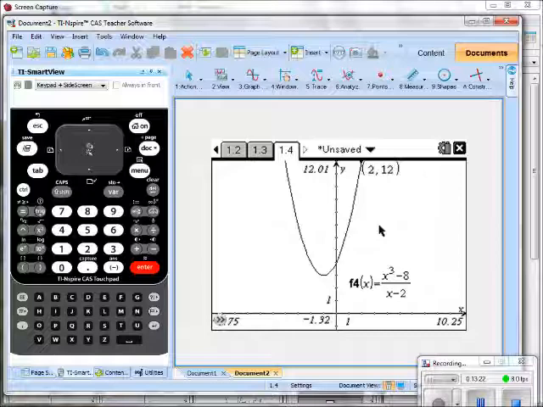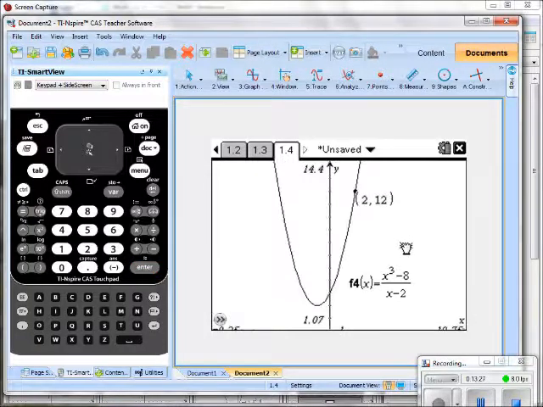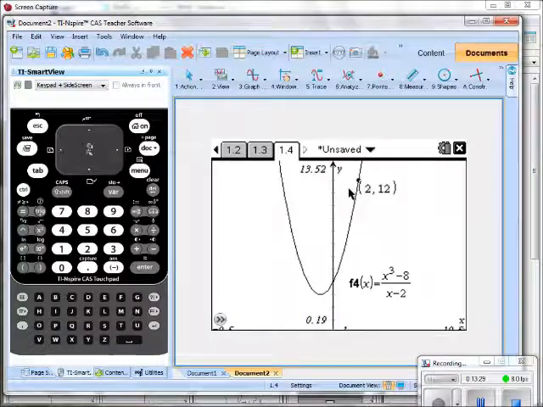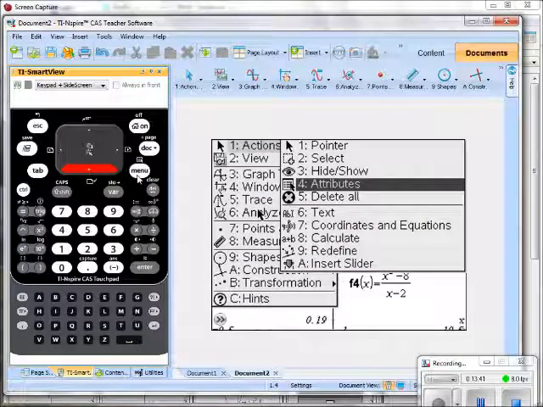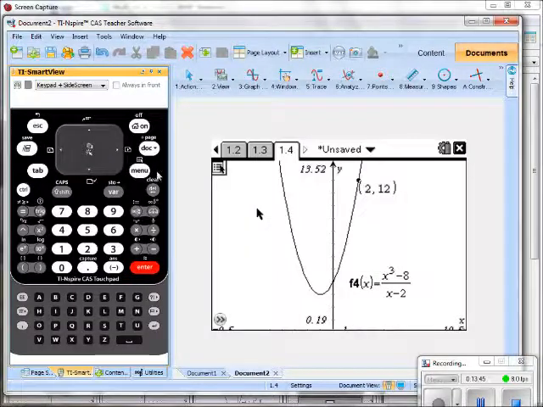It is there. But we know now that it's actually not on that graph because that is not a point on our graph. It can't be. It's undefined at 2. But we can pretend. So this is where we'd have to come up here to menu, actions. Have I shown you attributes?